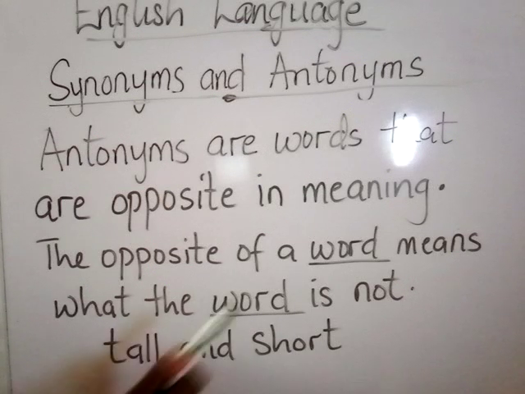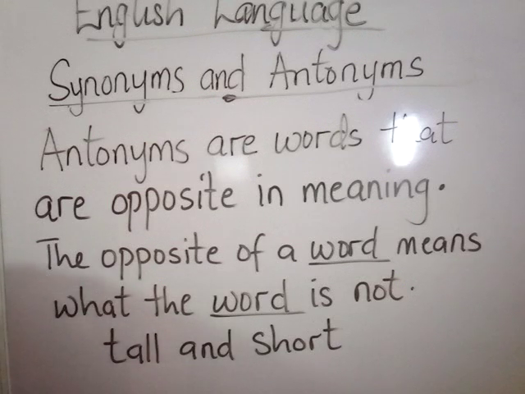The opposite of a word means what that word is not. For example, tall and short. If somebody is tall, the person cannot be short at the same time. Or if somebody is short, the person can't be tall at the same time. So one means what the other is not.